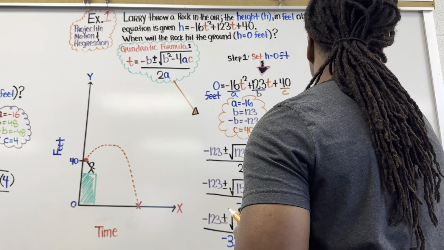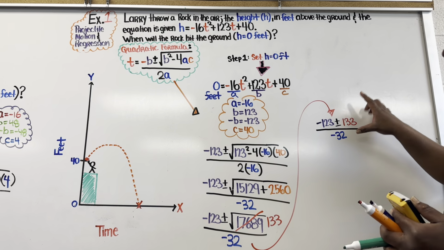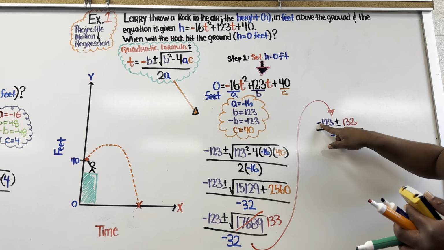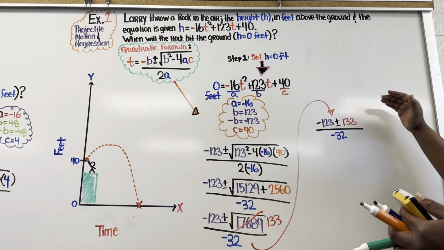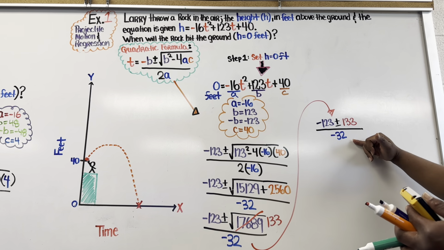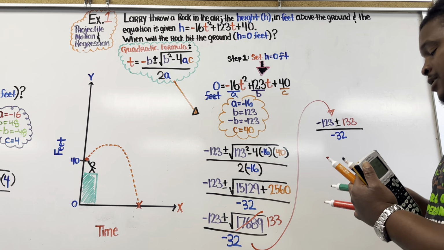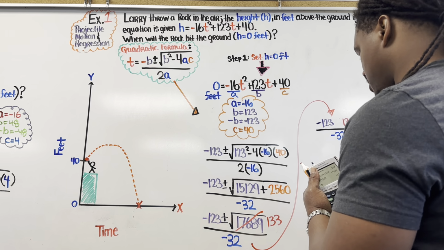Of course, there are two different operations we could do. We could do negative 123 plus 133, but that equals a positive, and a positive divided by a negative is a negative, and there's no way we can have negative seconds. So instead of the plus, we're only going to subtract.